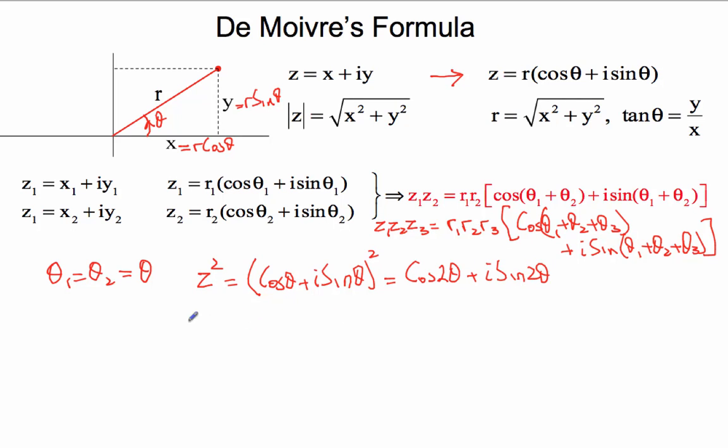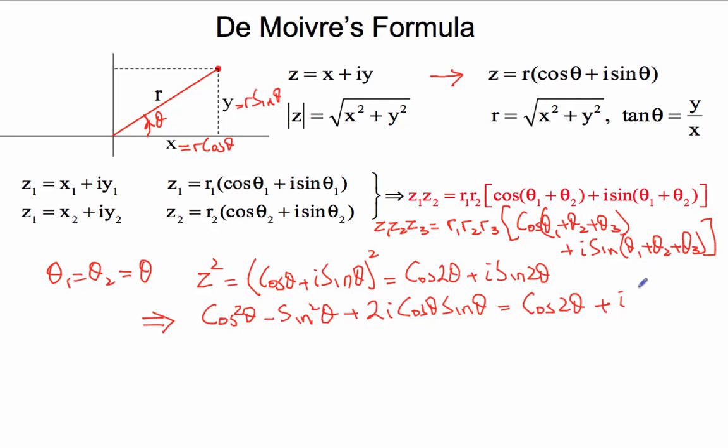Now let's see what happens if you multiply this out. You'll get an interesting identity. You'll get cosine squared theta minus sine squared theta plus 2I cosine theta sine theta equal to cosine 2 theta plus I sine 2 theta.